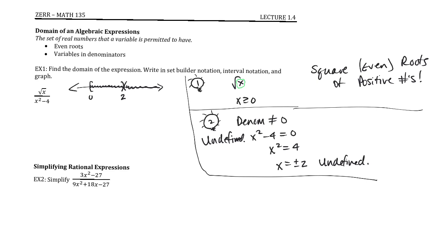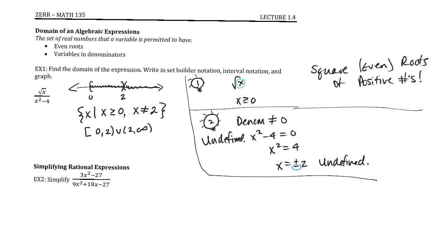So in set notation, it's all the x's such that x is greater than or equal to 0, and x cannot equal 2. The negative 2 wasn't an issue anyway, because x can't be negative for the first condition. We could write that in interval notation from 0 to 2, skip over 2, and head off towards infinity.